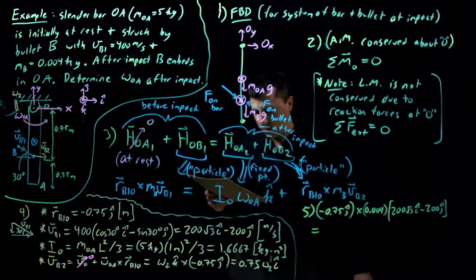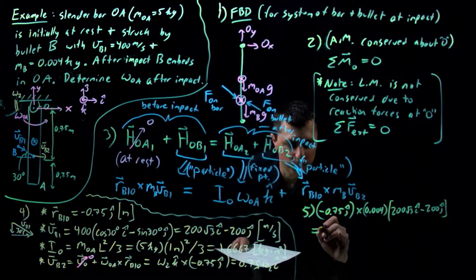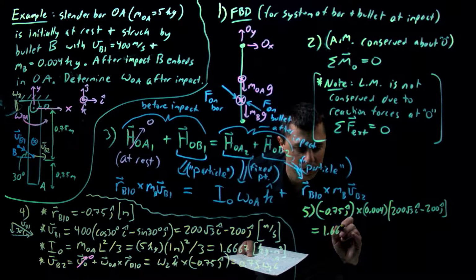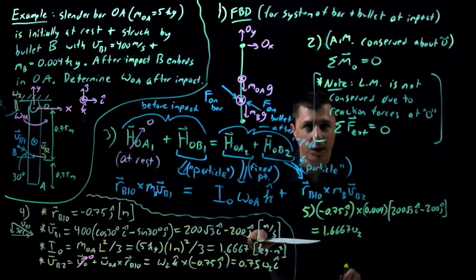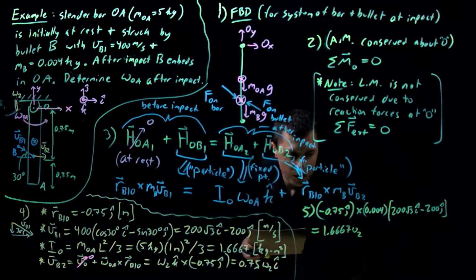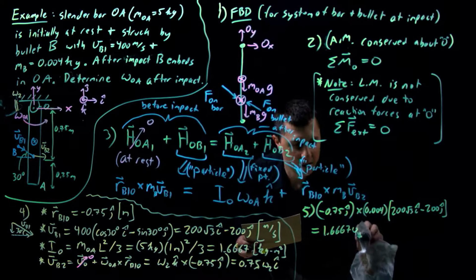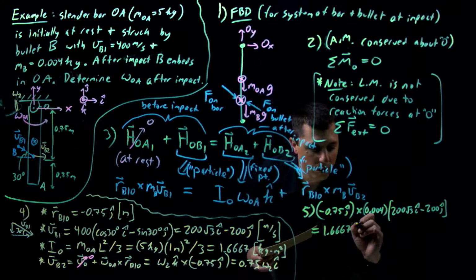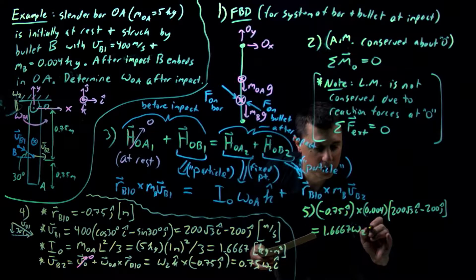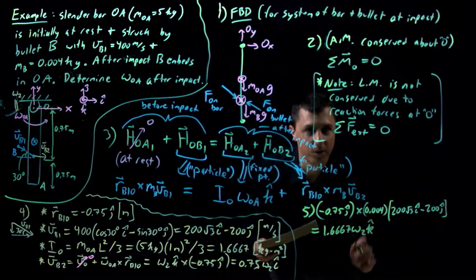Equals, this term is the moment of inertia, 1.6667, as many sixes as you like, omega 2, now we're calling that omega 2. And that's in the k hat direction. In fact, because it's planar motion, these should all be in the k hat direction eventually. Should be the only non-zero terms.